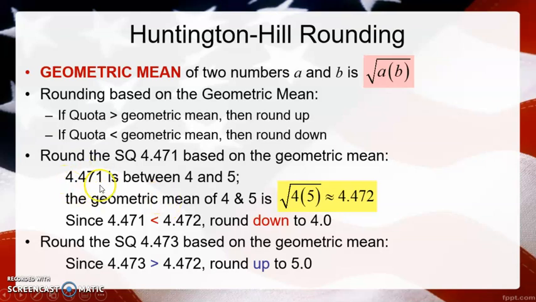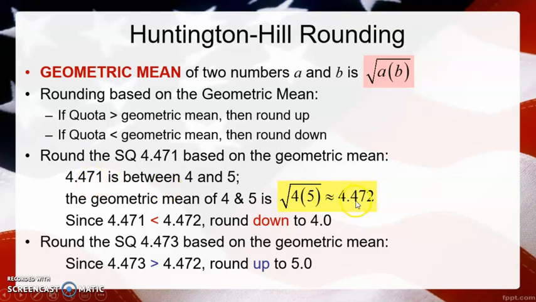So since 4.471 has a lower quota of 4 and an upper quota of 5, its geometric mean would be the square root of 4 times 5, or approximately 4.472. Now, let's compare this standard quota, 4.471, to its geometric mean of 4.472. Is 4.471 higher or lower than 4.472?